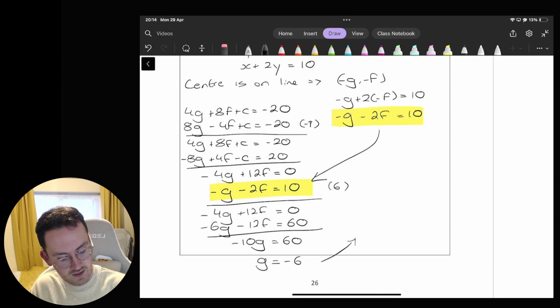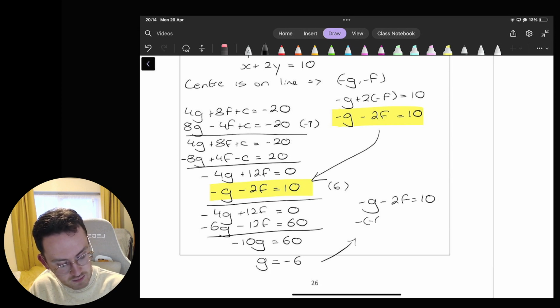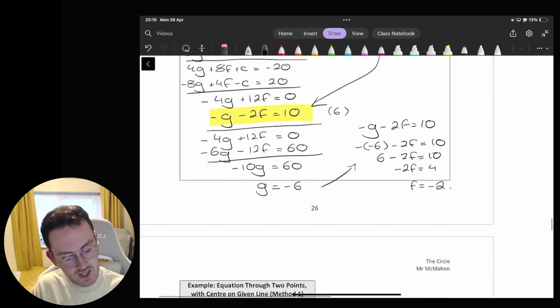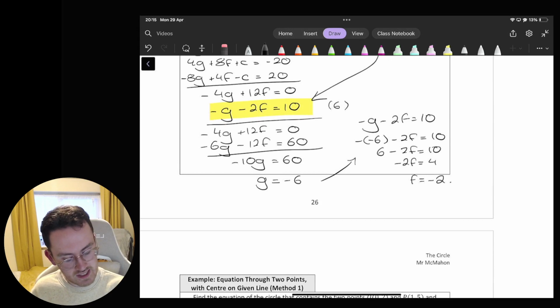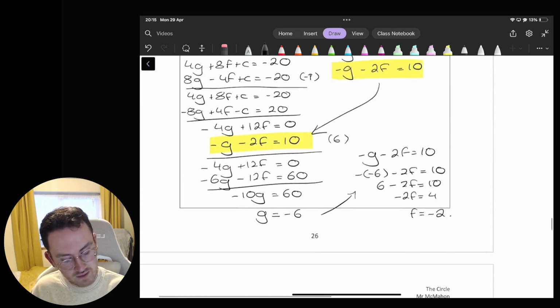I can use that then to find f. So minus g minus 2f equals 10. So minus minus 6 minus 2f equals 10. 6 minus 2f equals 10. Minus 2f equals 4, and f equals minus 2. Okay, so f is minus 2, g is minus 6, and I can use that then to go back and find c.